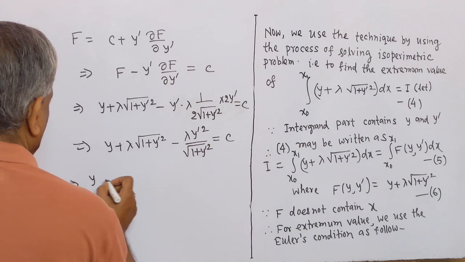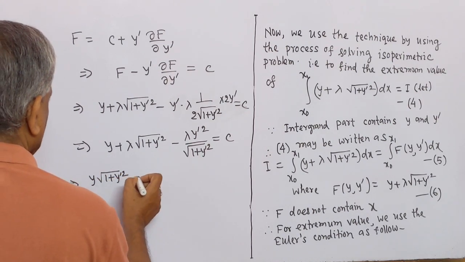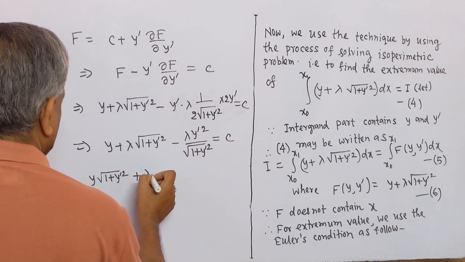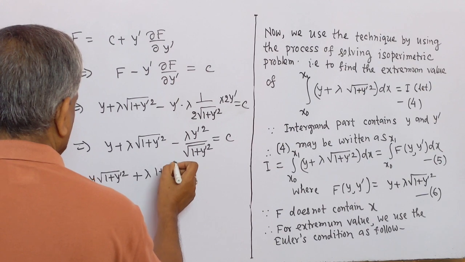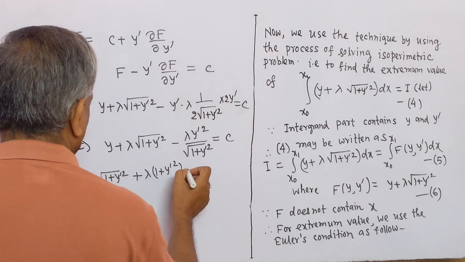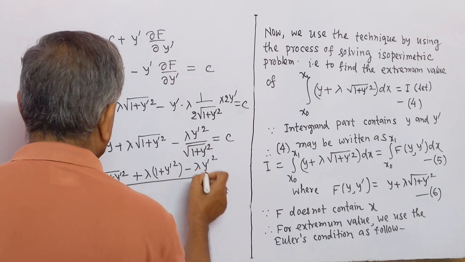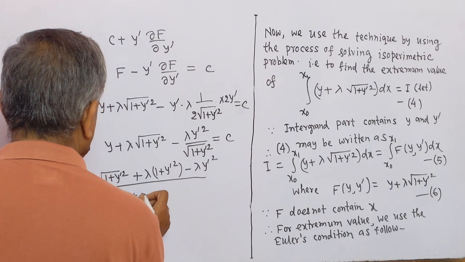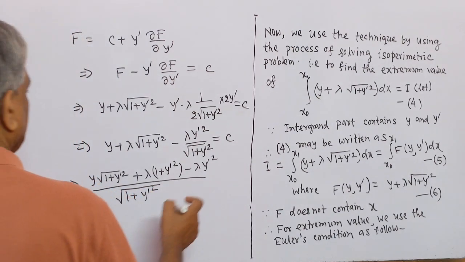y multiplied by 1 plus y prime square plus lambda, 1 plus y prime square minus lambda y prime square, by 1 plus y prime square. This is the LCM.